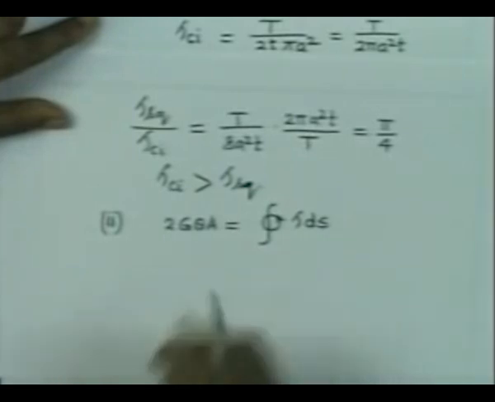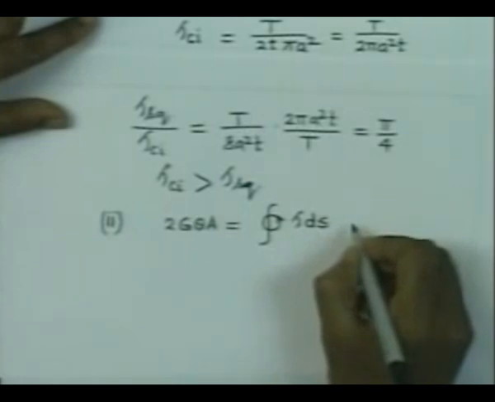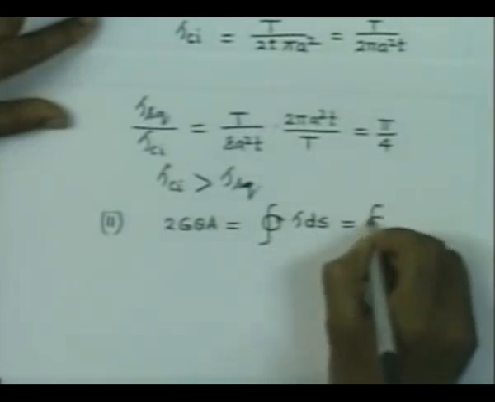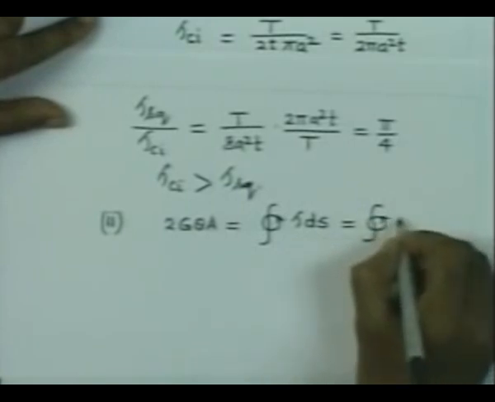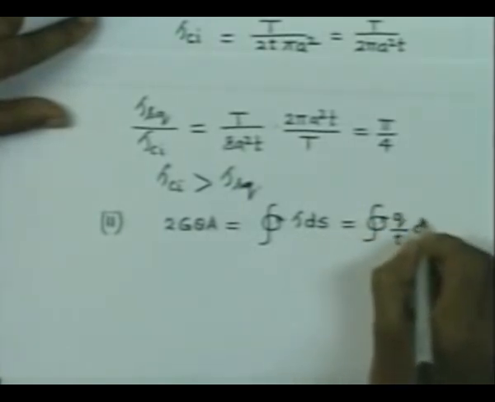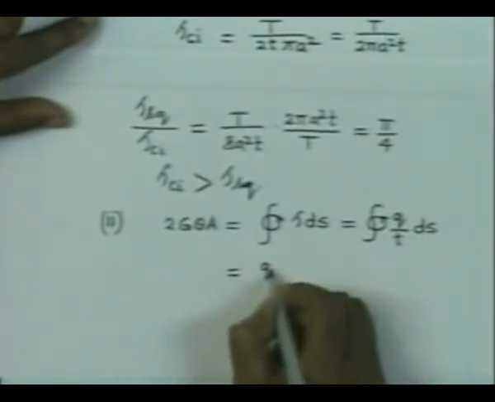If we consider now the thickness is uniform here, we can write this as q by t ds, and this q is constant.